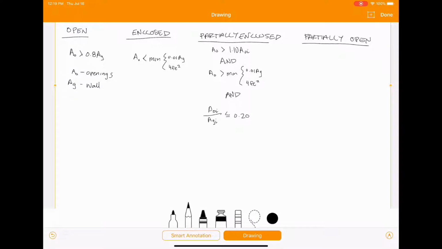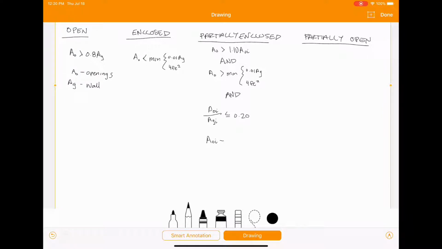So A naught has to be greater than 1.1 times AOI. AOI is the sum of the openings in the building, not including the wall that you're looking at.